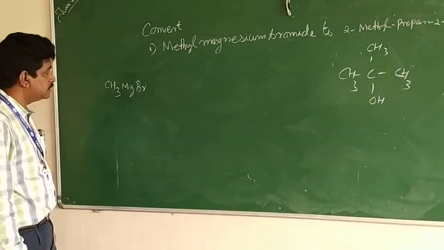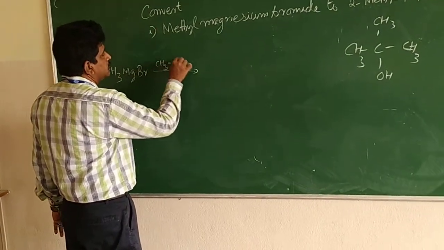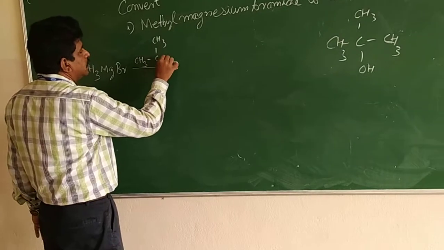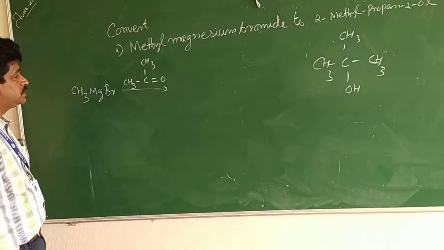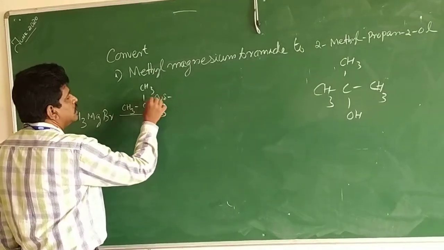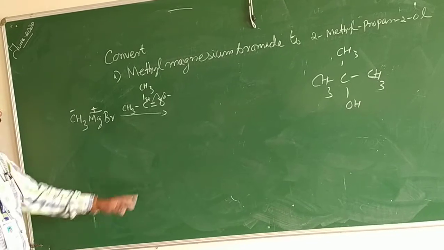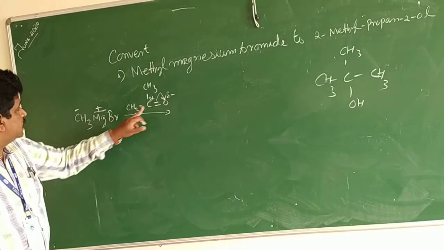Grignard reagent with ketone, CH3, CH3 double bond O. In this, oxygen is highly electronegative, so this will be slightly negative and this will be positive. To the negative part, the positive part will attach.